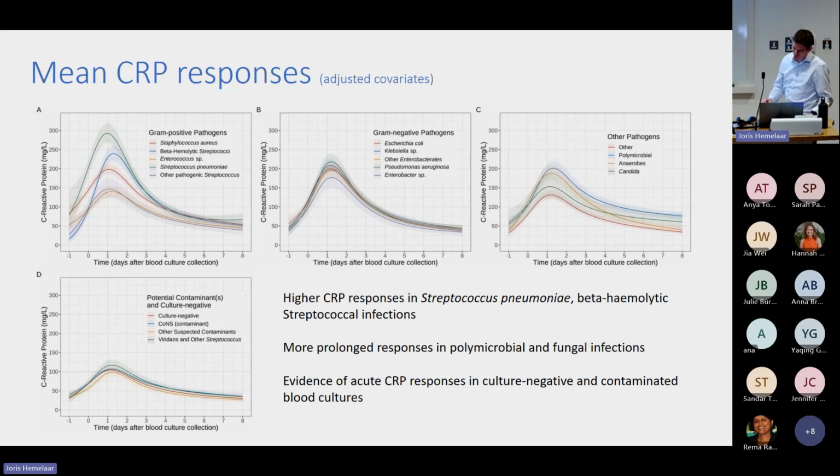You see more prolonged responses with a fungal infection, so Candida, or a polymicrobial infection, so multiple bacteria growing together. And in those who are culture negative, we see much flatter responses. This is a mean response, so it's probably a combination of people with a higher response and many lower responses as well. So the pathogen that you get infected with determines how your one particular measure responds, and the same is true across other measures as well.